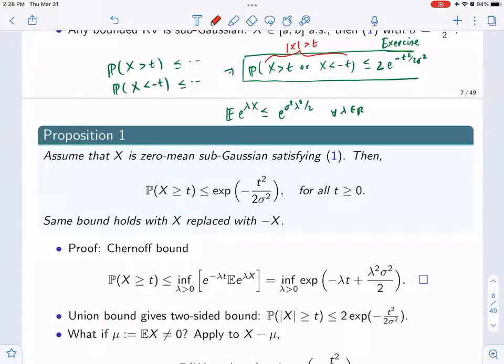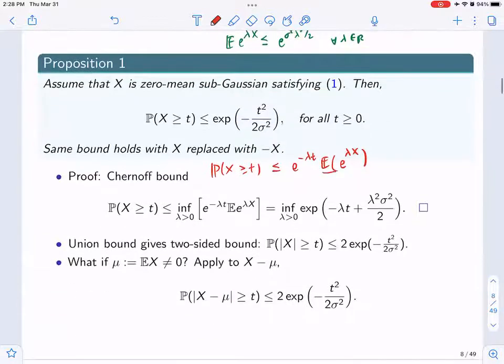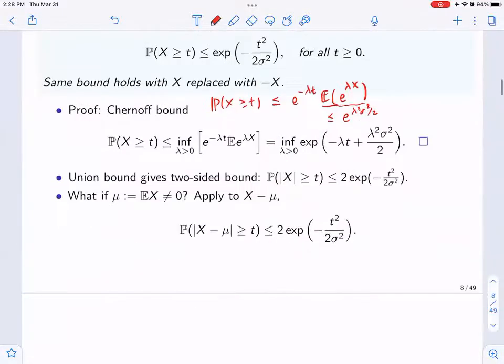We have a Chernoff bound, which is the probability that x is bigger than or equal to t is less than e to the negative lambda t times the expectation of e to the lambda x. Then I have a further upper bound by assumption, lambda squared sigma squared over 2. So this gives me the bound e to the negative lambda t plus lambda squared sigma squared over 2.